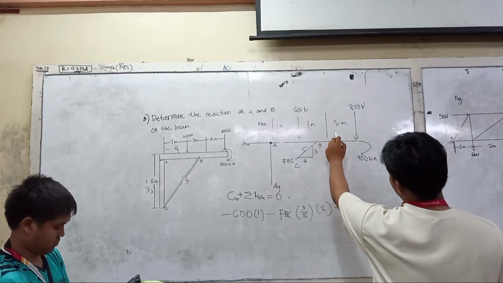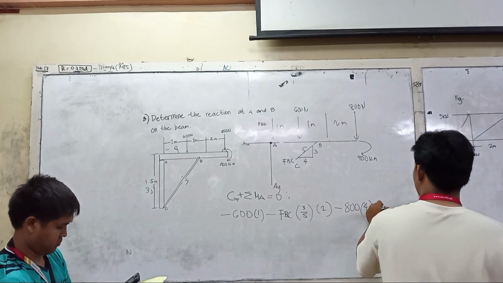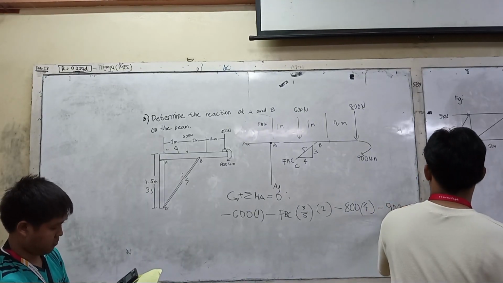You basically add the 2 plus 1 plus 1 equals 4. And then minus 900 equals 0.